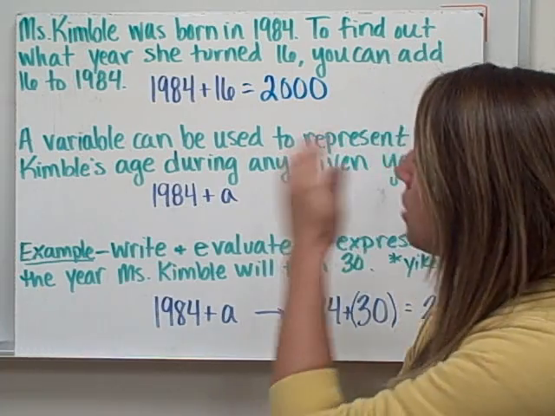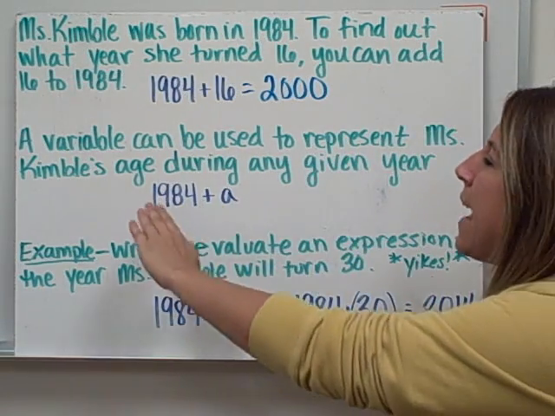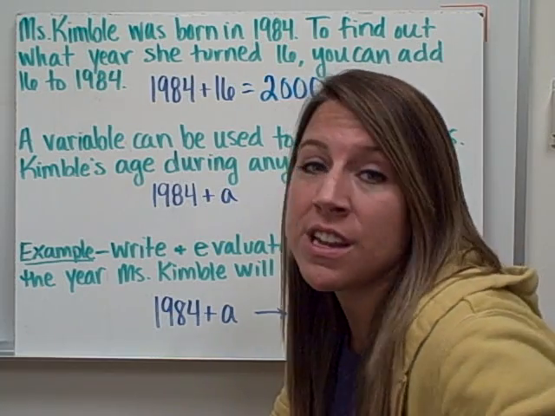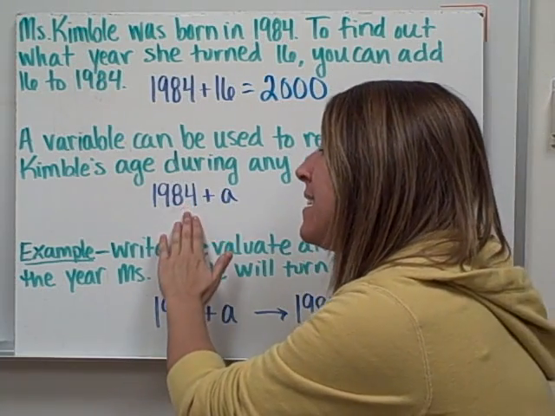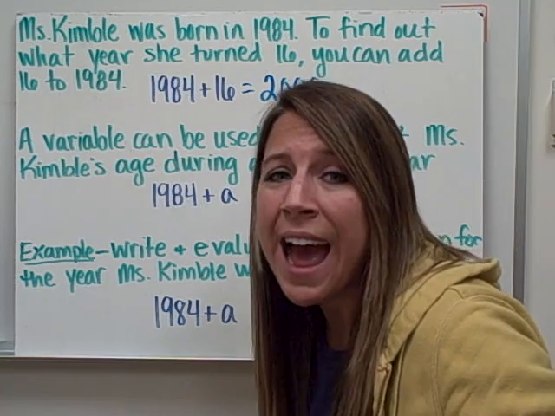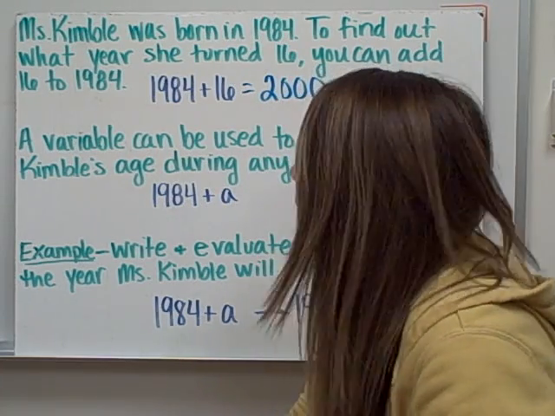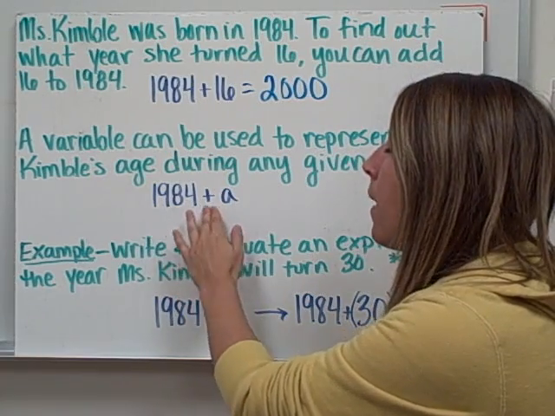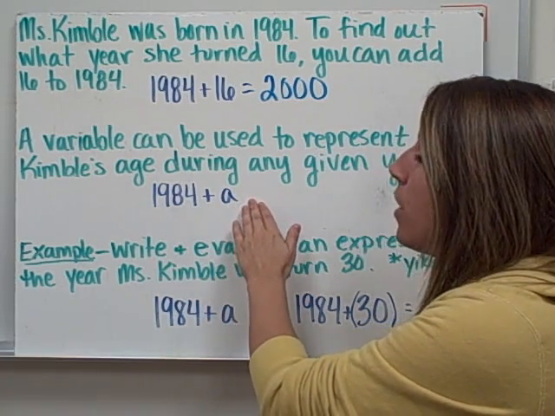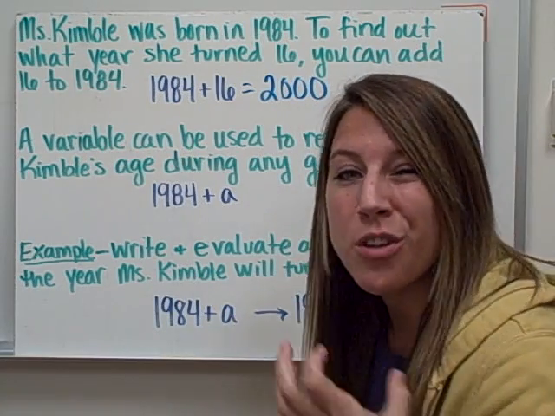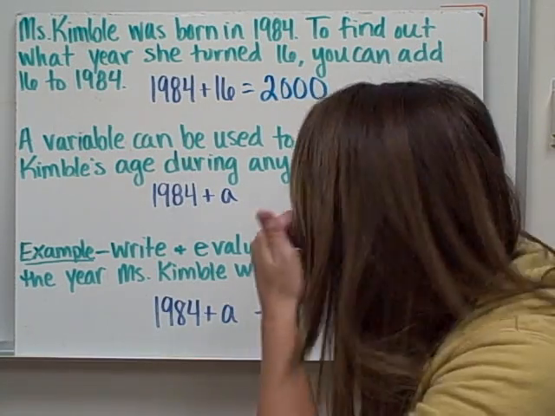Now, a variable can be used to represent Miss Kimball's age during any given year. So during any given year, that is 1984 and beyond, we can find out what year it is if you plug in my age in that year. So that would look like 1984 plus A, and if you were to plug in my age, it would equal that particular year. So here's an example.